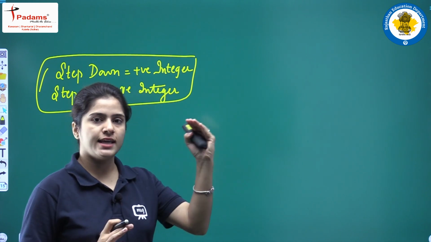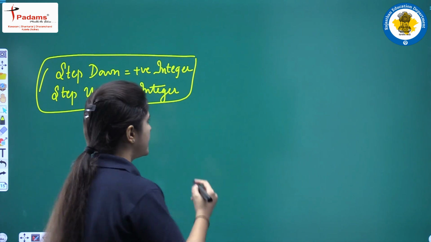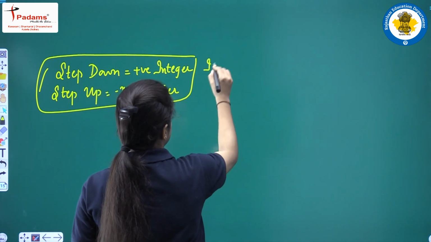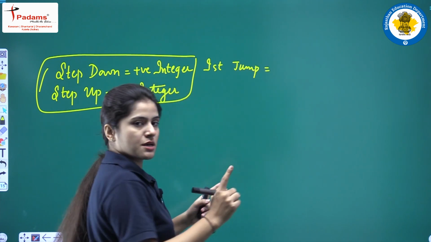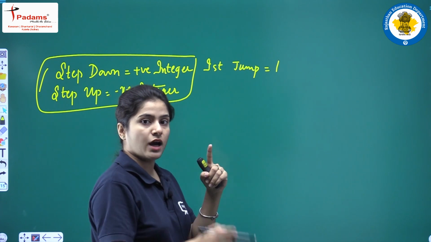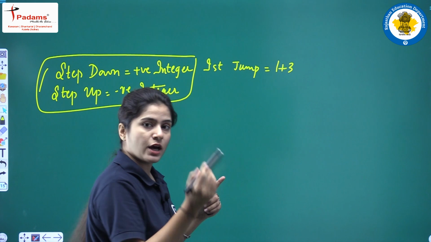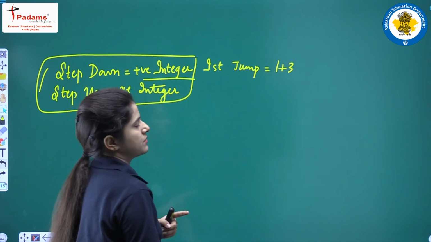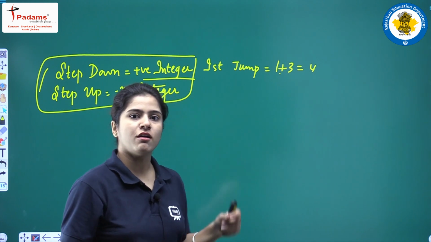First part: he is firstly on the first step and he wants to come to the 9th step, okay. So in the first jump, students, he is on the first step, and in the first jump he is stepping down 3 steps. Okay, so plus 3. Why plus? Stepping down means plus, positive integer. So 1 plus 3 is equal to 4. So after the first jump he is on the 4th step.